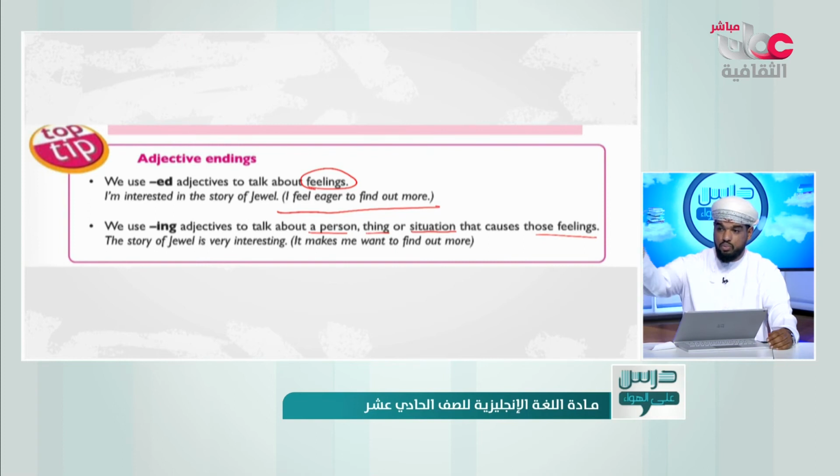For example, that movie is interesting, or that story is interesting. But I am interested in the story. I am interested in the movie. But the movie gave me a feeling which is interesting. Right?